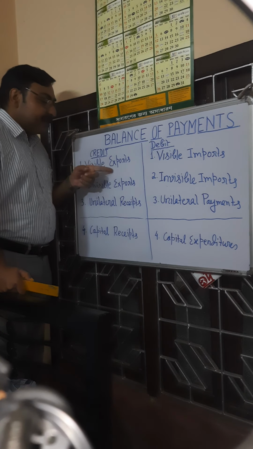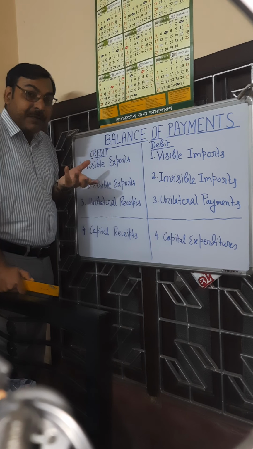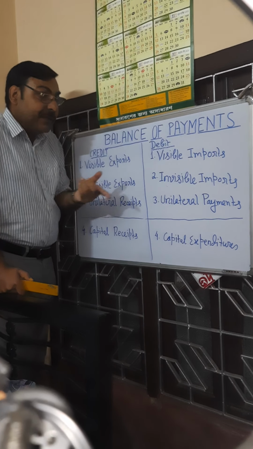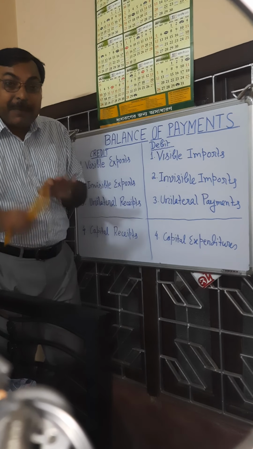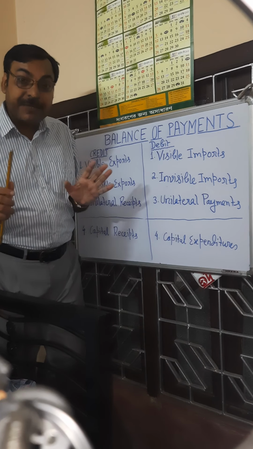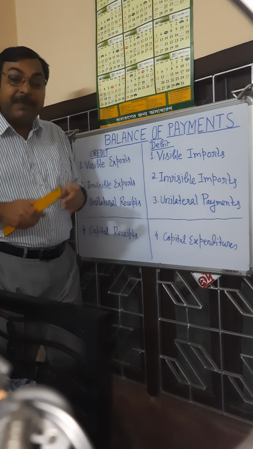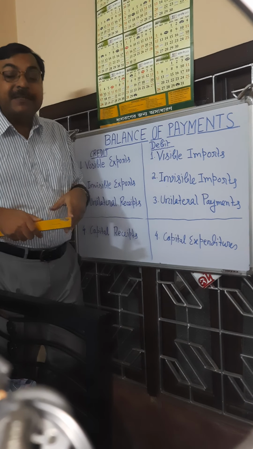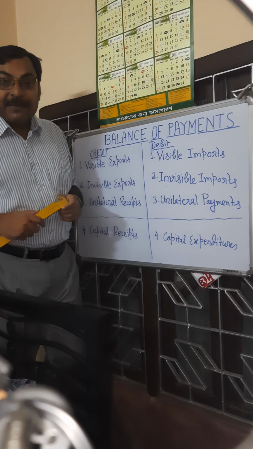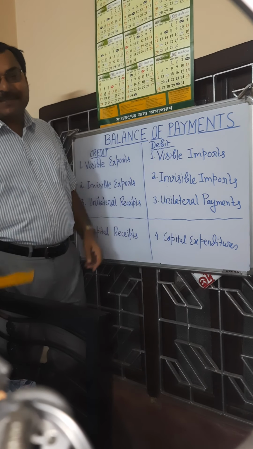Balance of trade may be favorable if export is more, may be unfavorable if import is more, may be balanced if import is equal to export. Balance of trade may be favorable, may be unfavorable, may be surplus, may be deficit, or may be balanced. But balance of payment is always balanced.